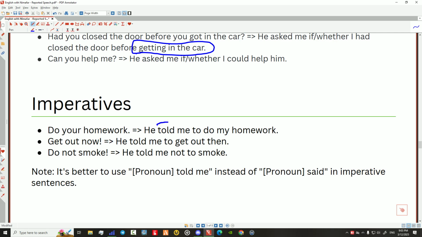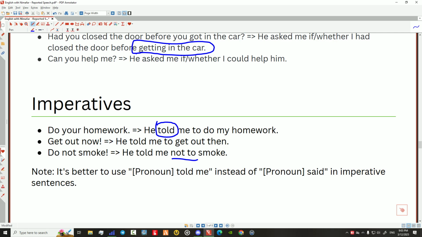Use tell or told here. He told me to get out. Negative: he told me not to do. Do not park here. He told me not to park there. Do not smoke, or don't smoke. He told me not to smoke.